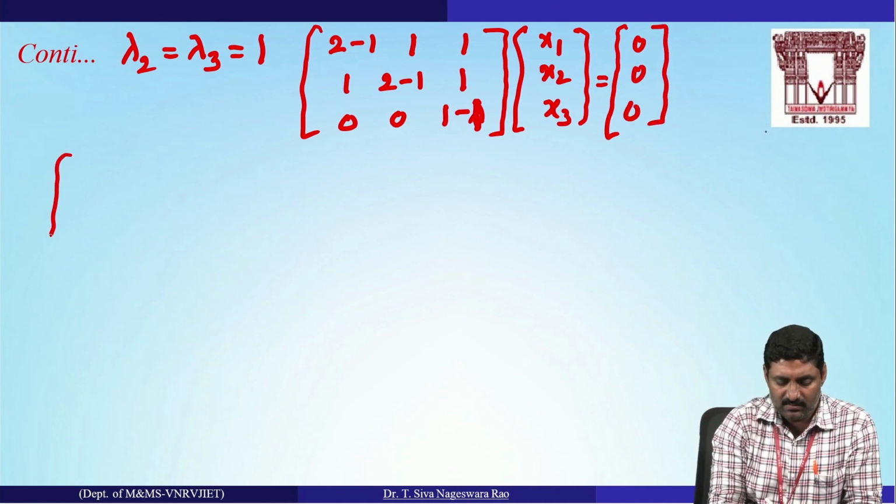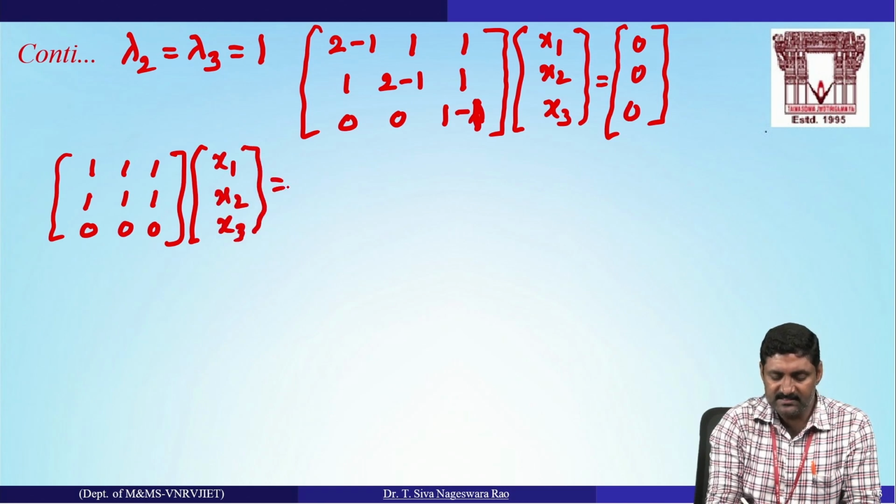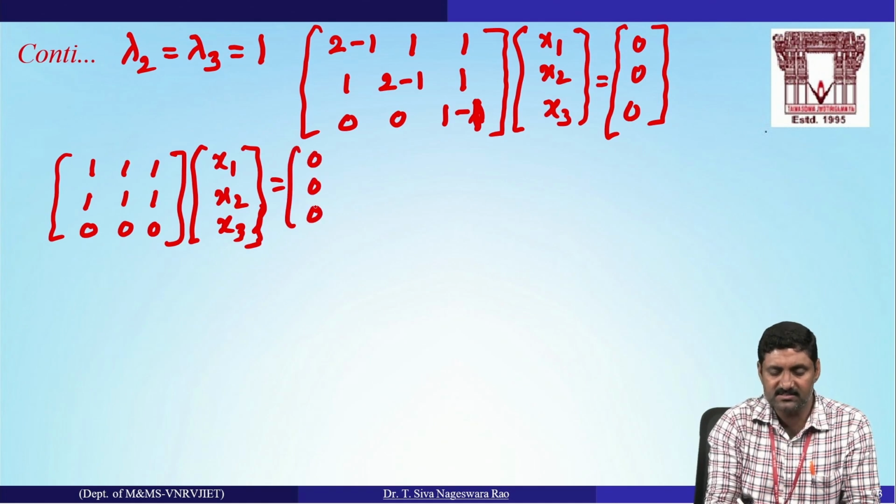Now 2 minus 1 gives the first row 1, 1, 1; 1, 1, 1; 0, 0, 0, multiplied with x1, x2, x3 is equal to 0, 0, 0.